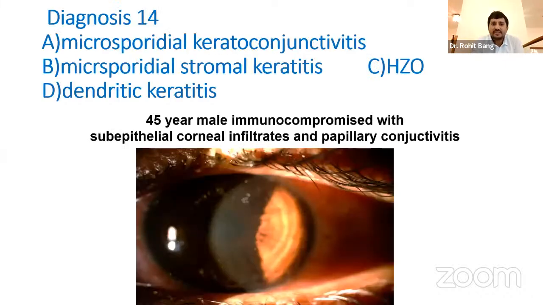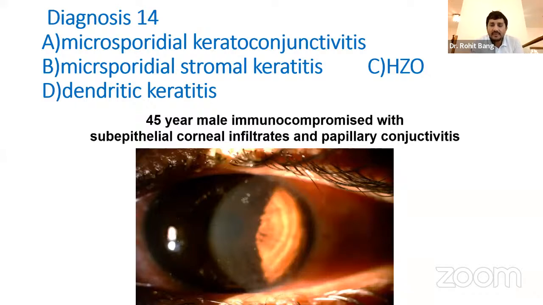So again, coming to infectious keratitis. Now this is a slit lamp photograph in a 45-year-old male who is immunocompromised with subepithelial corneal infiltrates and papillary conjunctivitis. What is the diagnosis? Whether it's microsporidial keratoconjunctivitis, microsporidial stromal keratitis, HZO, that is herpes zoster ophthalmicus, or dendritic keratitis.